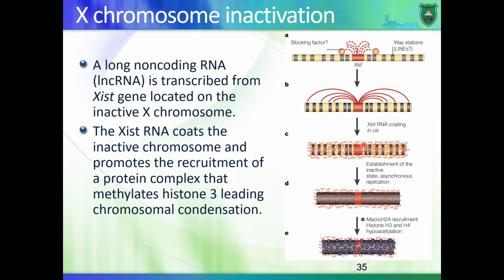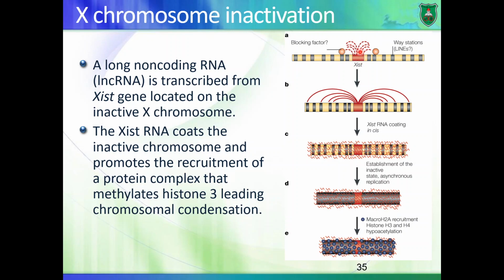Okay, so how does the X chromosome get inactivated? By long non-coding RNA. So it's basically one type of non-coding RNA molecules. It's called long non-coding RNA, lncRNA, and this is transcribed from the X chromosome itself, the X chromosome that is to be inactivated.